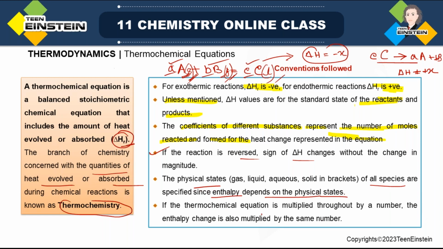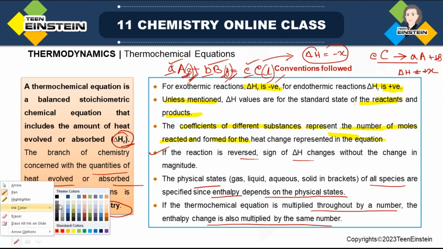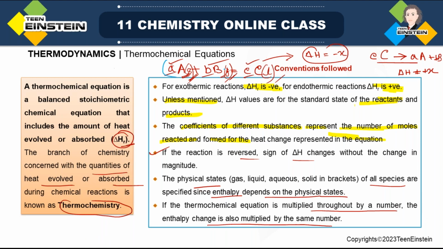One more point: if the thermochemical equation is multiplied throughout by a number, the enthalpy change is also multiplied by the same number. We have done this many times. Suppose you multiply this equation on both sides by 2. Now this ΔH will be minus 2x, so you also have to do this for ΔH.